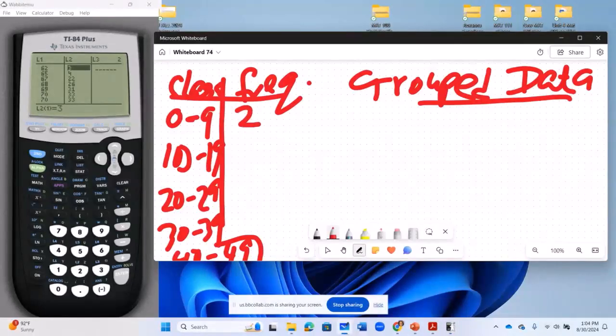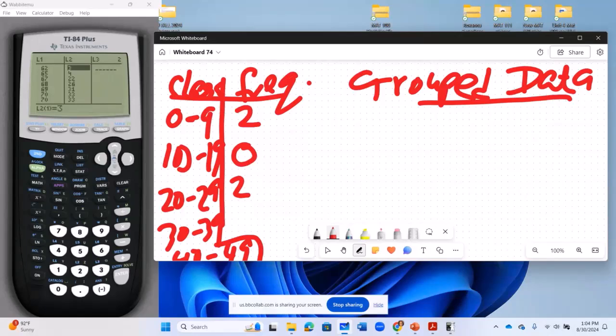The frequency is 2. The number of occurrences is 2. Now I'm going to count all the numbers between 10 and 19. If I look up there, there is none, so I'll put 0 there. And I'm going to count the numbers between 20 and 29. There are only 2 of them, 22 and 26. So 2.